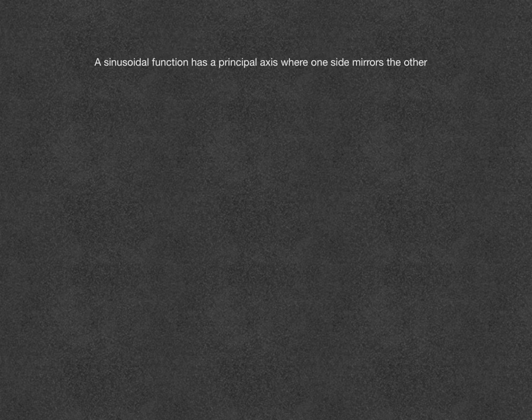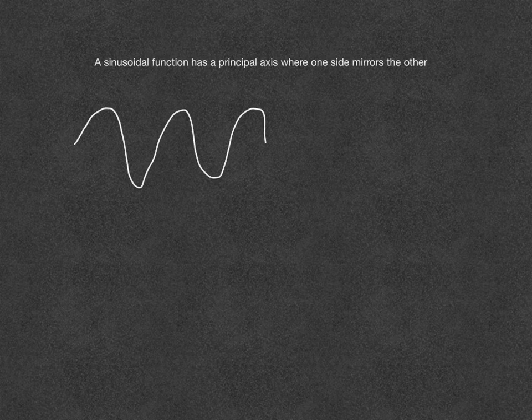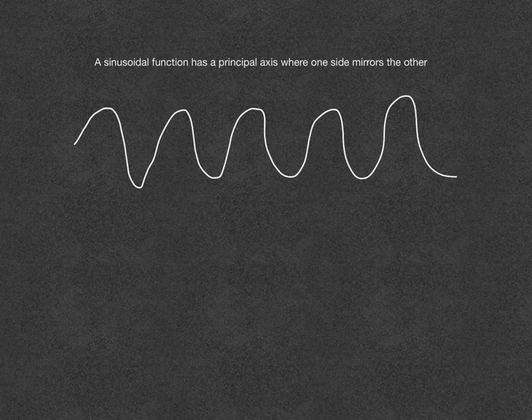A sinusoidal function has a principal axis where one side mirrors the other, and if we just want to draw a general sinusoidal function here, where the graph looks like this, the principal axis is going to go through the middle like this, so that you get a mirror image on each side.